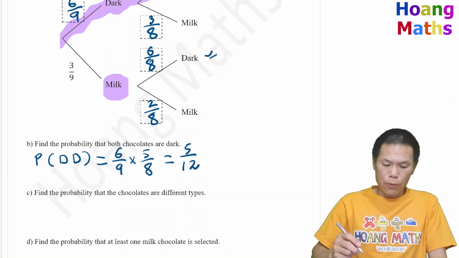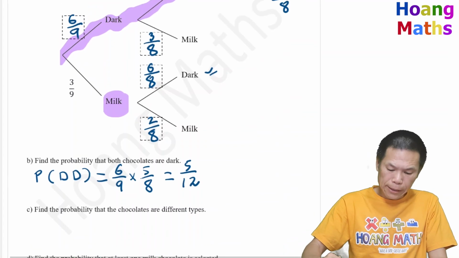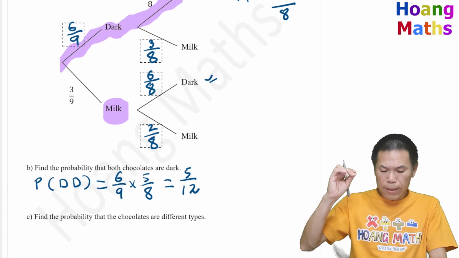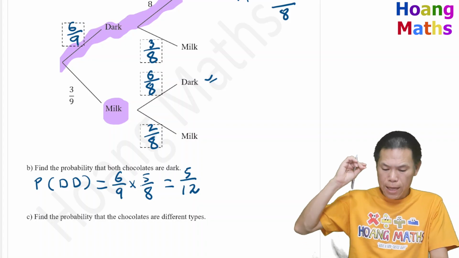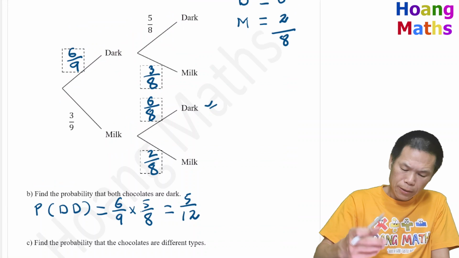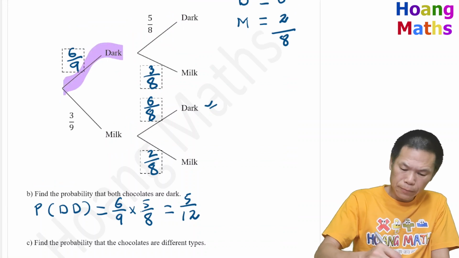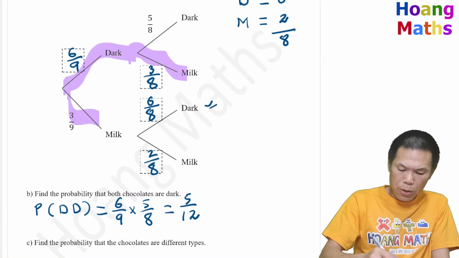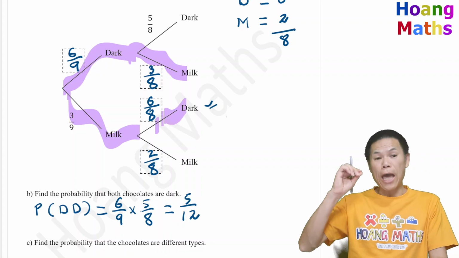So there you go. Part C. We need to find the probability that the chocolates are different types. Different types means dark, milk or milk, dark, and we just add them up.